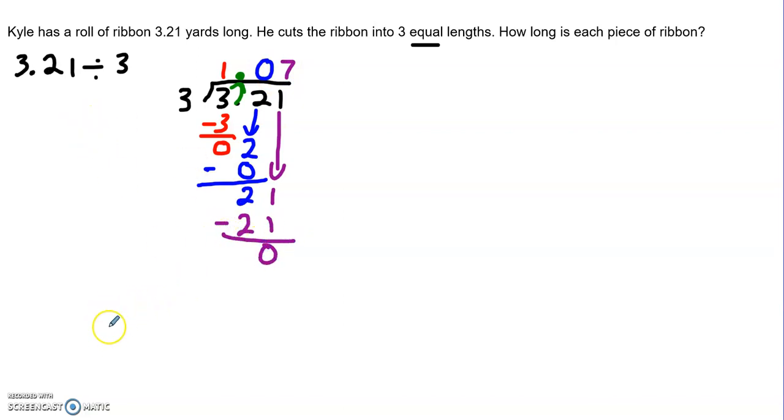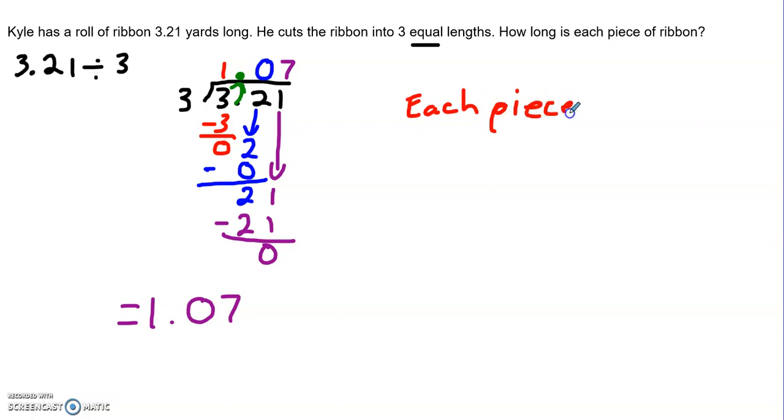So now that I have this, I have the solution of 1 7/100. But I'm not done because I do have to make a sentence. So I reread the question. It says, how long is each piece of ribbon? So I'm going to write in here, each piece of ribbon is 1 7/100.